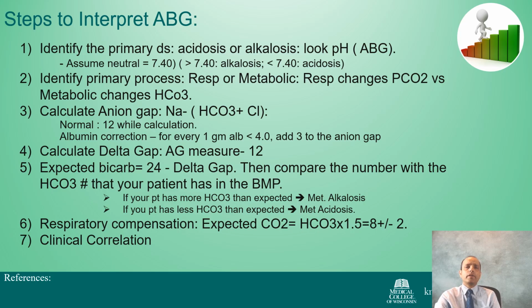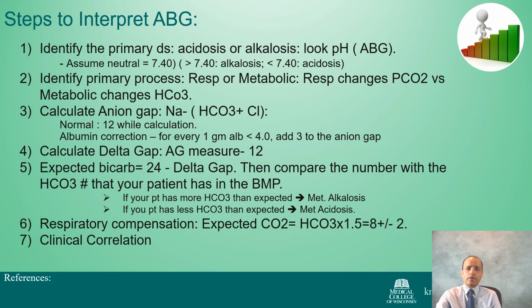Then you calculate the delta gap. How do you calculate delta gap? You take the measured anion gap and subtract the normal anion gap, which is 12. That is the delta. That delta in the system is actually going to occupy the compartment that is being occupied by bicarbonate. So the expected bicarbonate with that degree of acidosis is going to be 24 minus the delta gap.